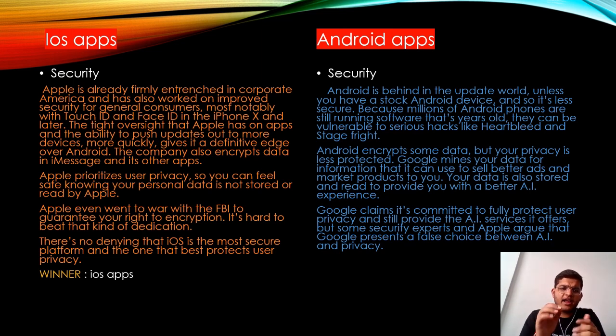Apple prioritizes user privacy by including Touch ID, Face ID, and the tight oversight that it has on all the apps in Apple products, and the ability to push out updates to more and more devices more quickly, which provides it a definitive edge over Android. Also, Apple prioritizes user privacy so much that it even went to war with the FBI to guarantee your right to encryption.